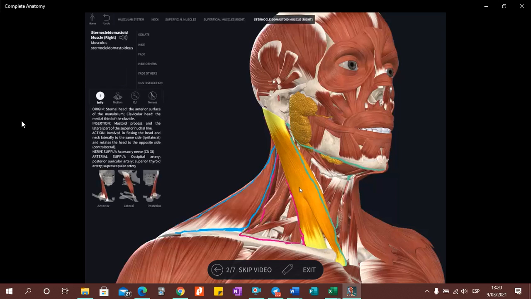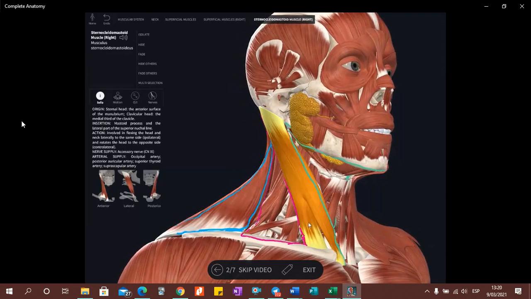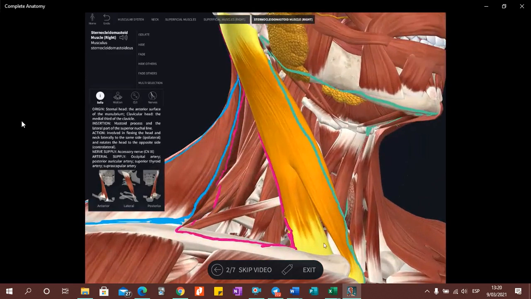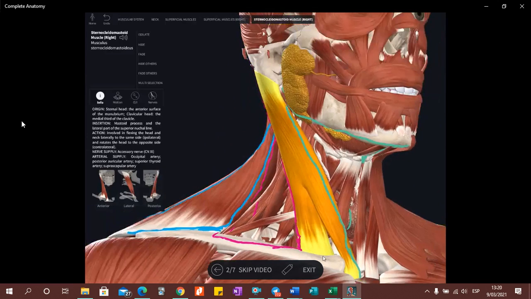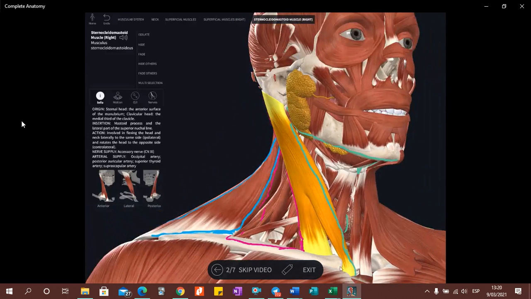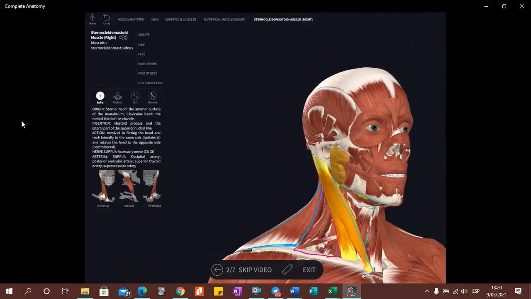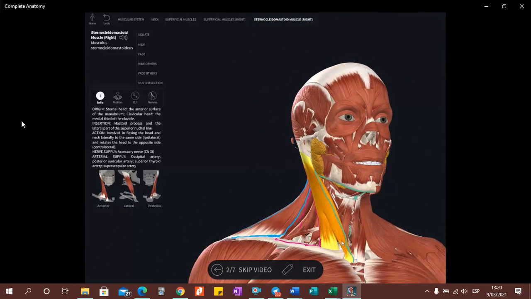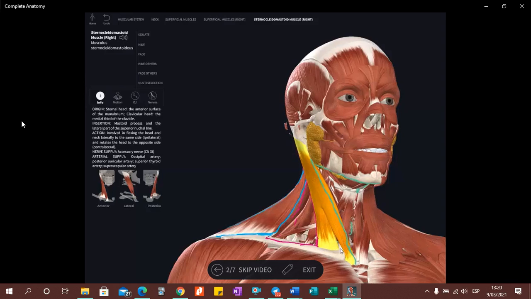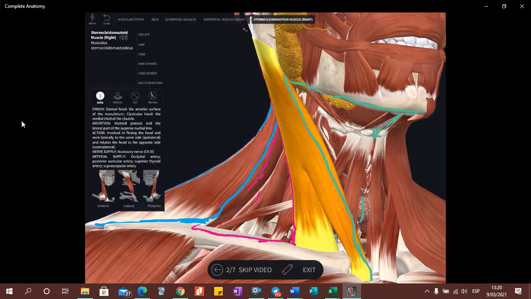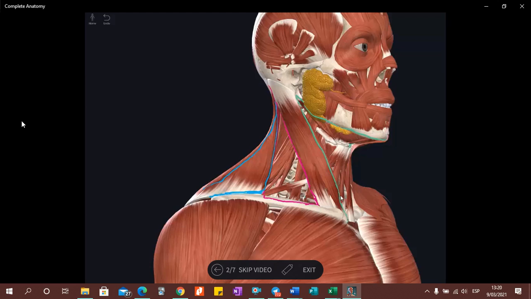And now you can see very nicely the sternocleidomastoid, and as I might have already stated, the name implies it has two attachments distally, which would be the clavicle down here, and the sternum, which would be over here. Actually, I have hidden the body of the sternum. However, the two heads are separated by a little space, as you can see right here. And this little space in between the clavicular and the sternal head of the sternocleidomastoid is called the lesser supraclavicular fossa.